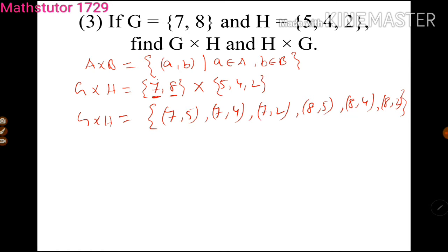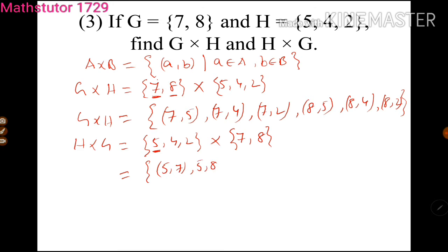Now find H cross G: {5, 4, 2} cross {7, 8}. First fix the elements in the set H and make the ordered pairs with the elements in set G. Fix the element 5 here: (5, 7) and (5, 8).